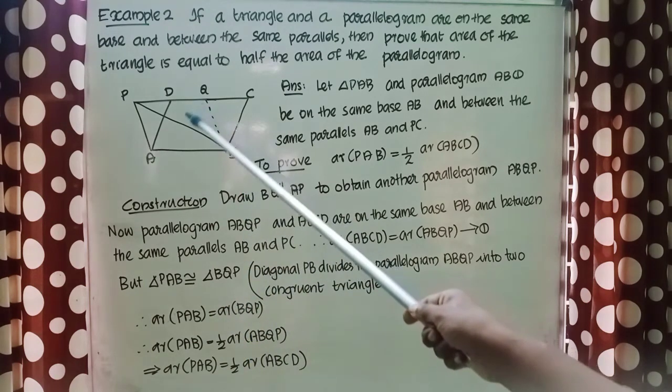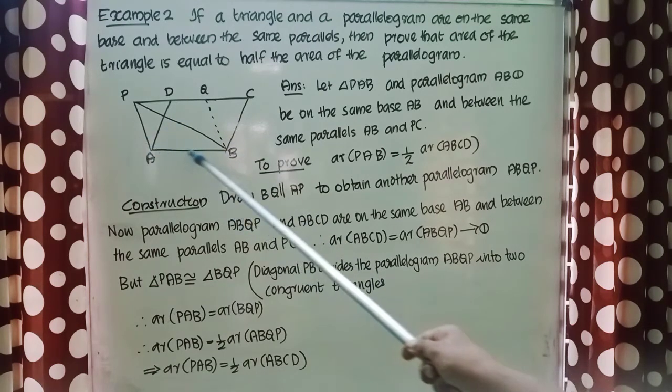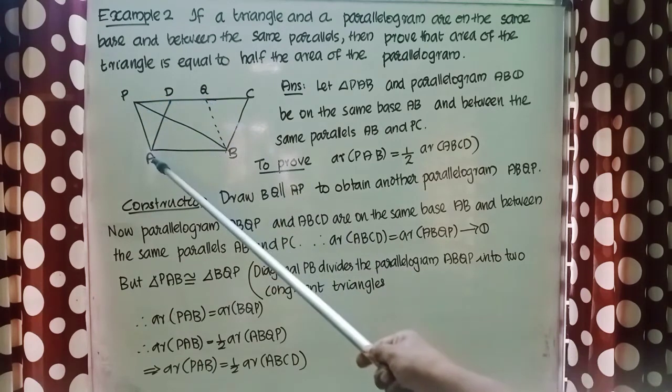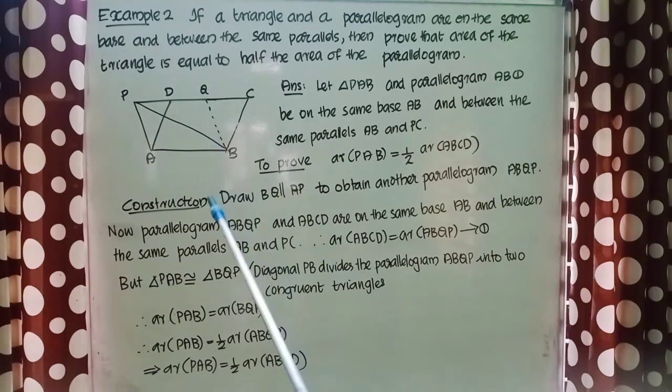Now you can see the area of this triangle PAB is half of this parallelogram ABQP, because this diagonal divides it into two equal triangles. So we can say area of triangle PAB is equal to half into area of parallelogram ABQP. But we know area of parallelogram ABQP is equal to area of parallelogram ABCD.